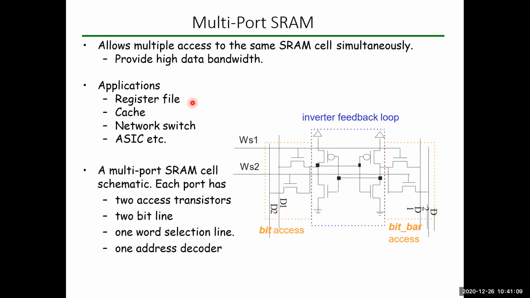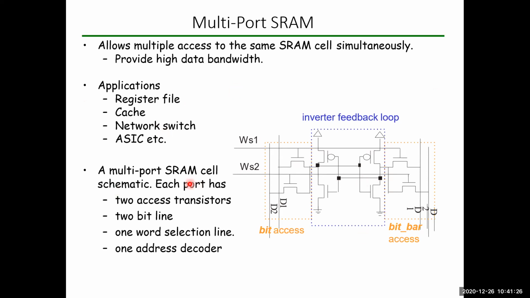This cache is nothing else but an SRAM cell. That's the importance of SRAM in designing any kind of microprocessor. More than 50% of your microprocessor will be designed with the help of SRAM cells.